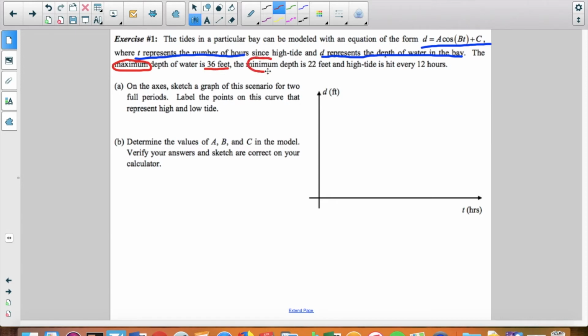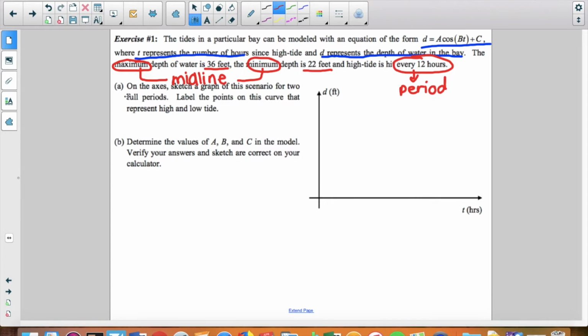The minimum depth is 22 feet. And the high tide hits every 12 hours. So the 3 things I circled are 3 keywords. This maximum and minimum helps us find the midline. This every is a keyword for the period.